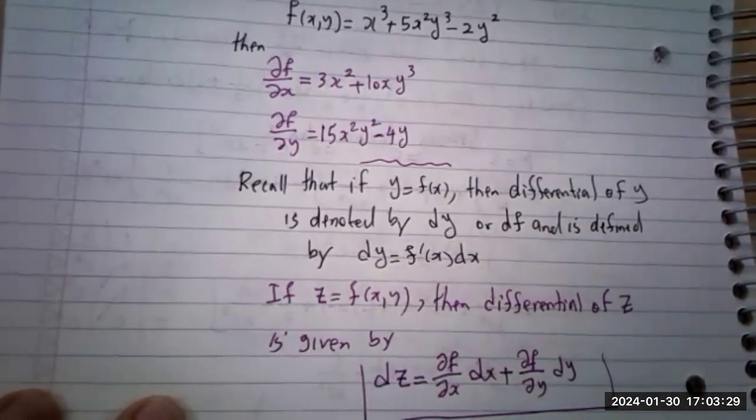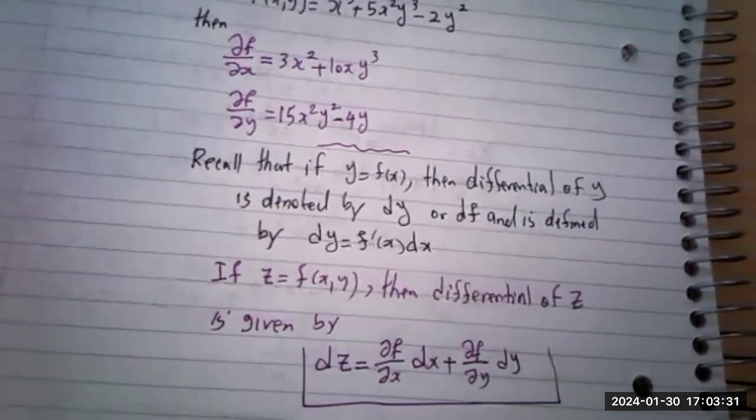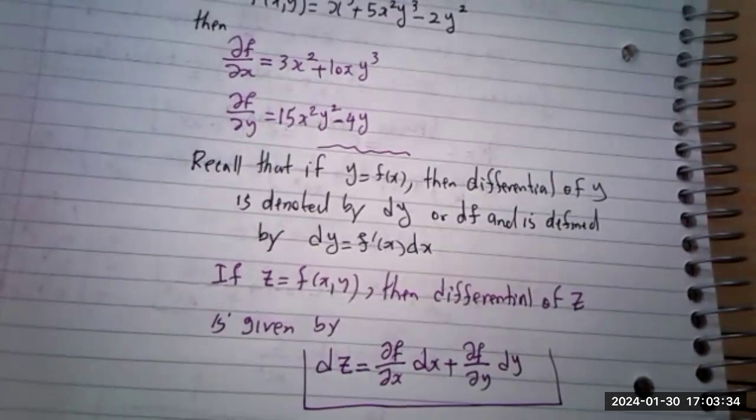See, that would be a kind of differential form for a function of 2 variables. You know that it's much easier to use the differential for a function of several variables rather than the derivative of the function. Any question?